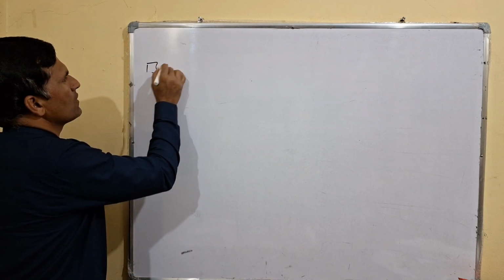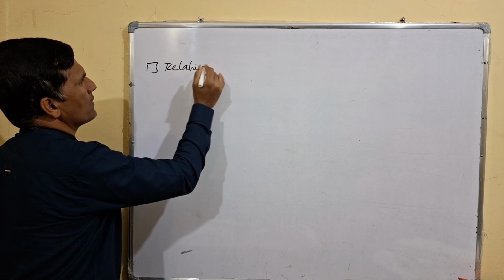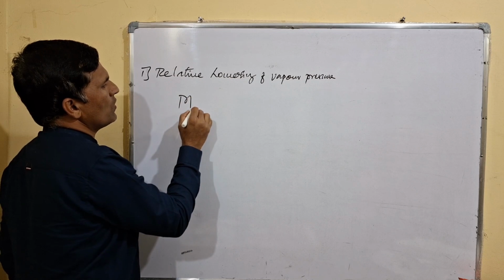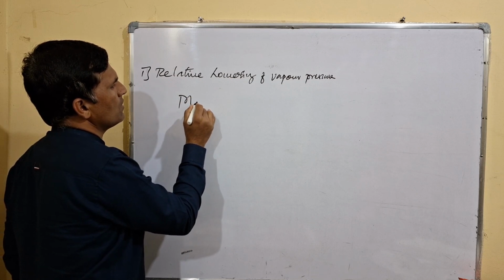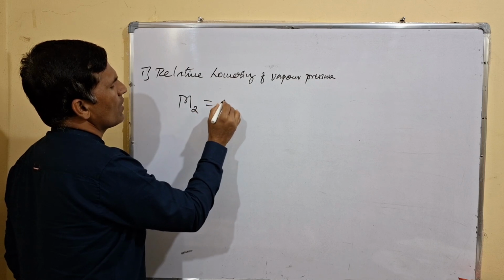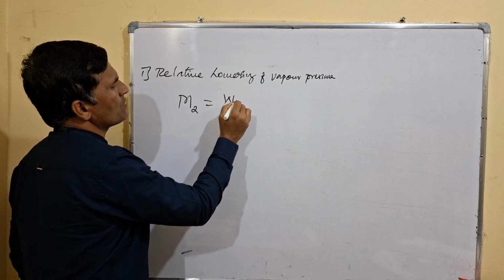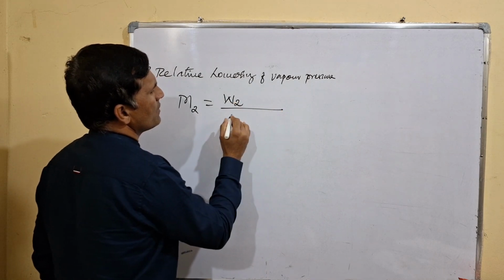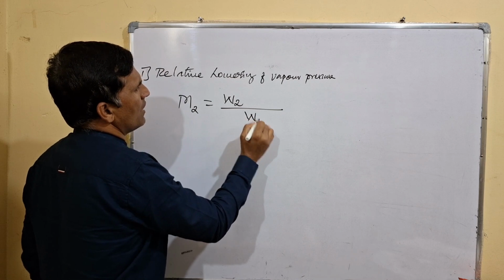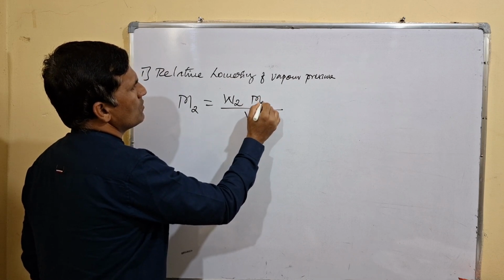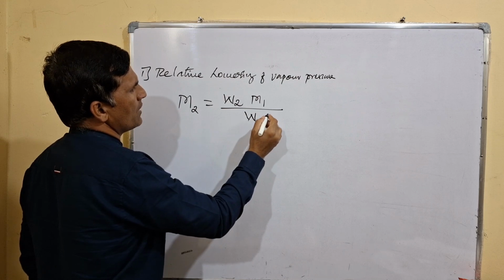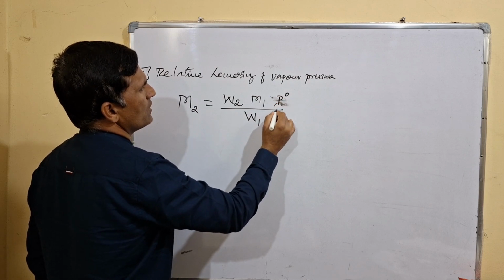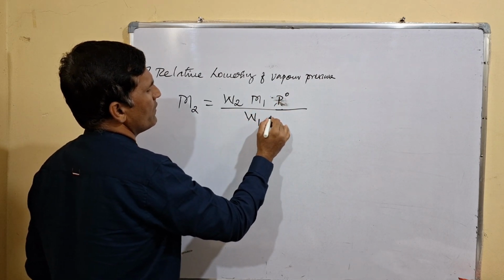The first one is the relative lowering of the vapor pressure. The formula is: molar mass of the solute is equal to W2, the weight of the solute in the given solution, divided by the weight of the solvent into molar mass of the solvent, into P naught, where P naught is the vapor pressure of the pure solvent.